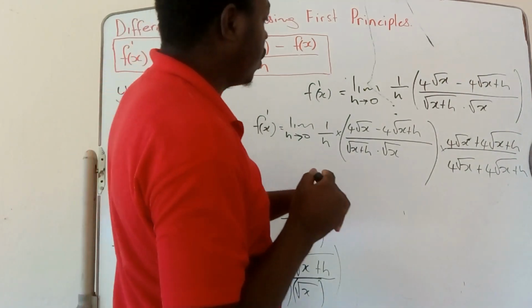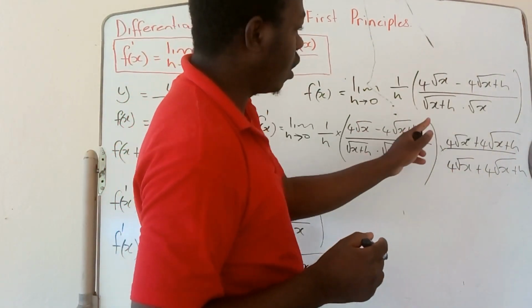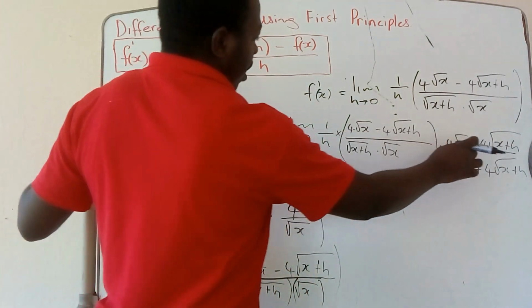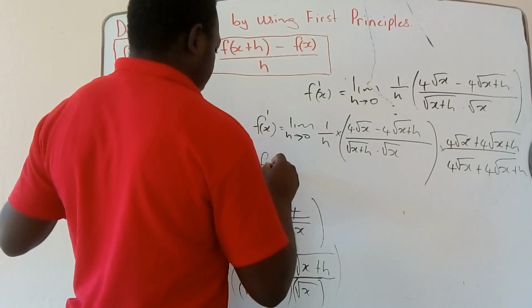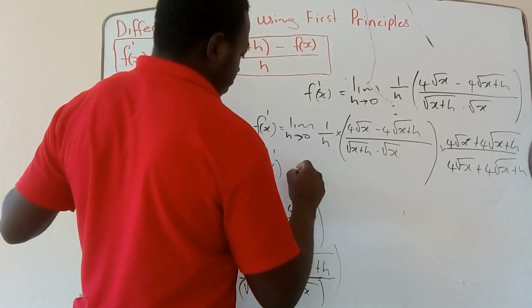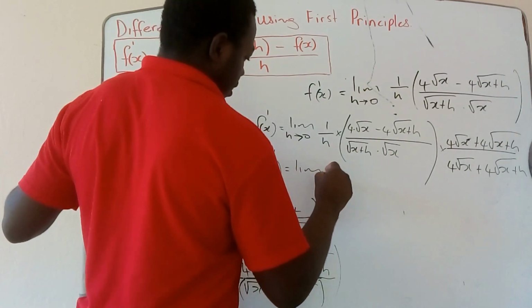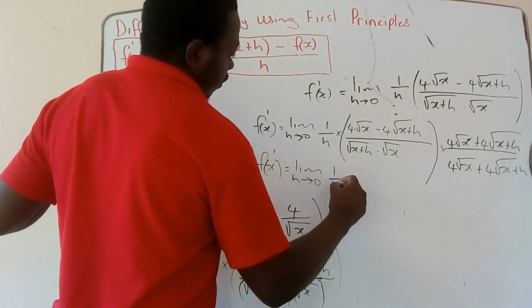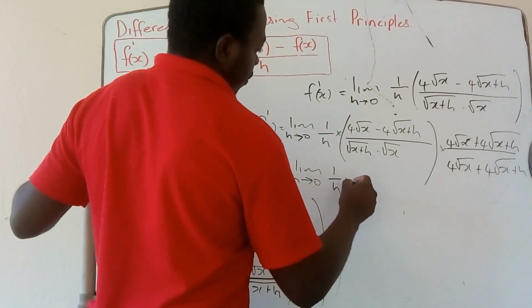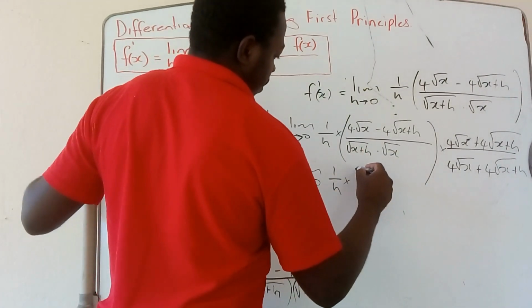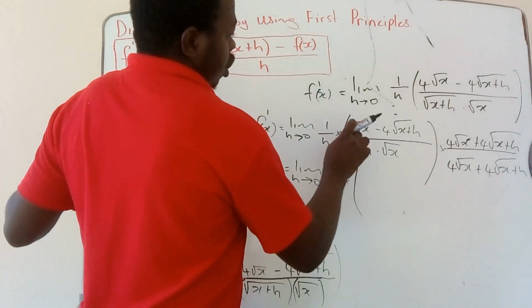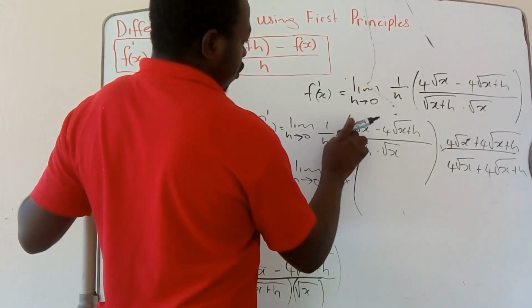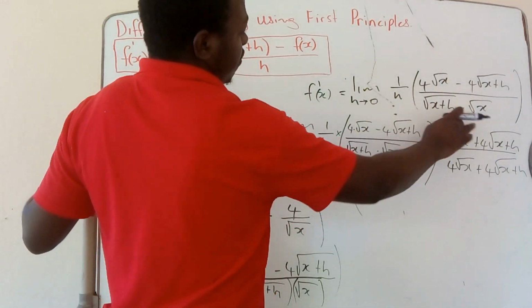Here we created a difference of 2 squares. So when you multiply this term by this term, you multiply 4 root x by 4 root x. f prime of x is equal to the limit as h approaches 0 of 1 over h times, and we are now going to multiply out this part here. We're going to multiply 4 root x times 4 root x, because this is a difference of 2 squares.